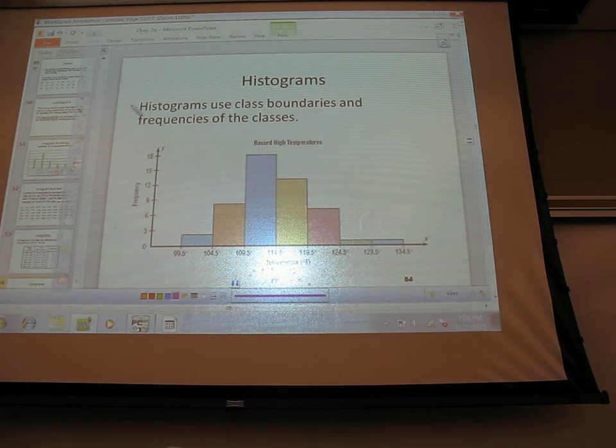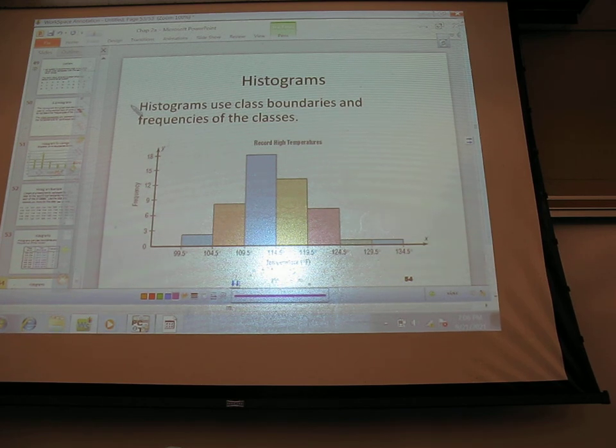But if I use boundaries, it goes from 99.5 to 104.5. This class is 105 to 109. But if I use the boundaries, it goes 104.5 to 109.5. Good? So this is the easiest way to do it. And then the heights are the frequencies. Heights are always the frequencies.